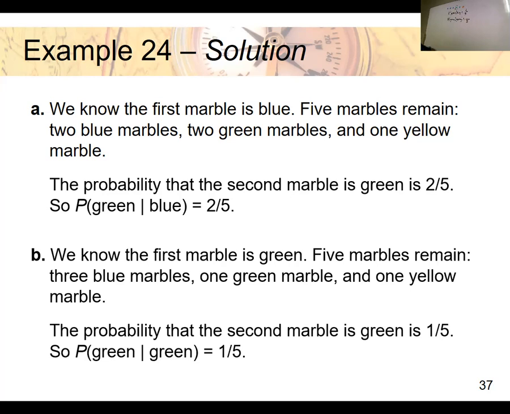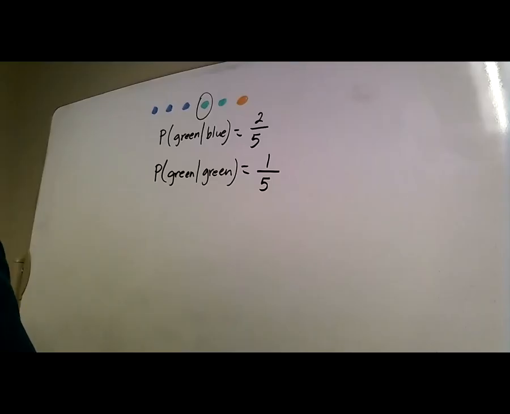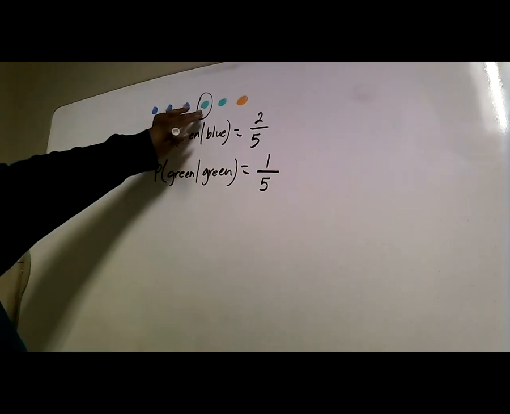So this time, the probability of selecting a green marble on the second pull, given that the first one is green, I only got 1 left. So that's 1/5. The first marble that we pulled out was green.